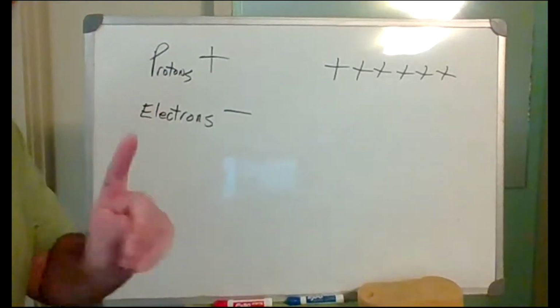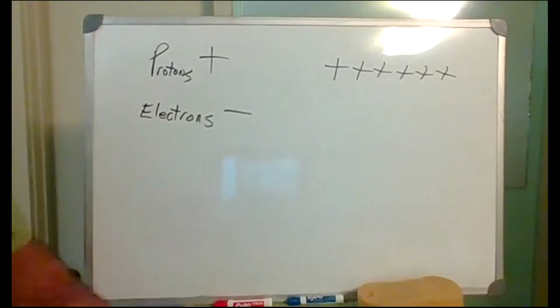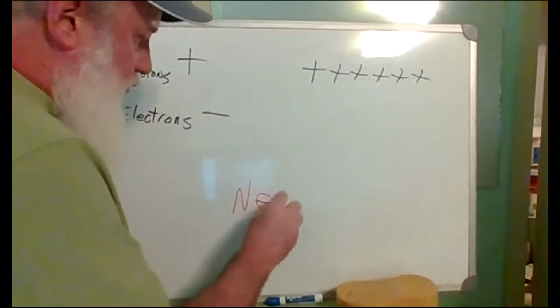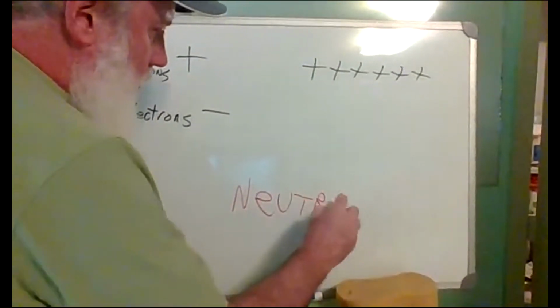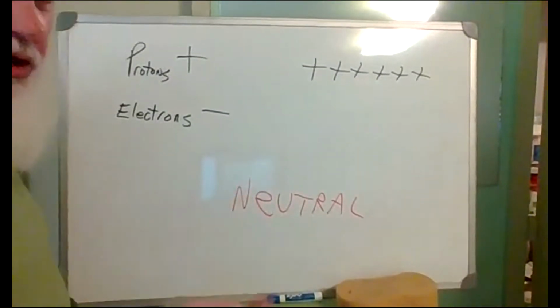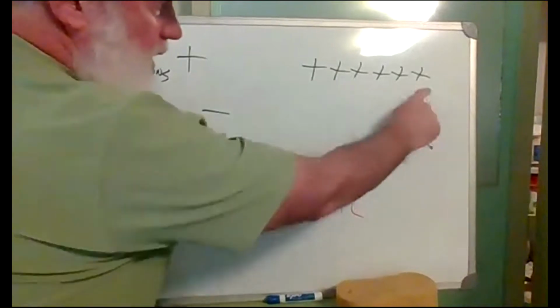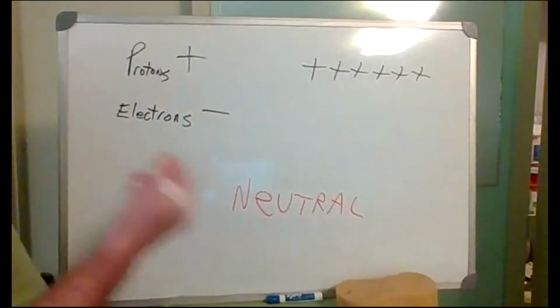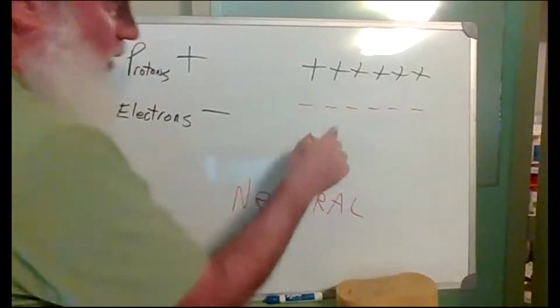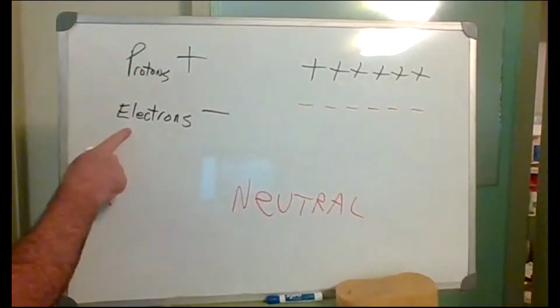There's one instance that you can. If I tell you that atom is neutral, that means total charge of 0. Well, I know there's 6 positives from the protons, so if I'm going to have a total charge of 0, I'd better have 6 negatives also. That means 6 electrons.